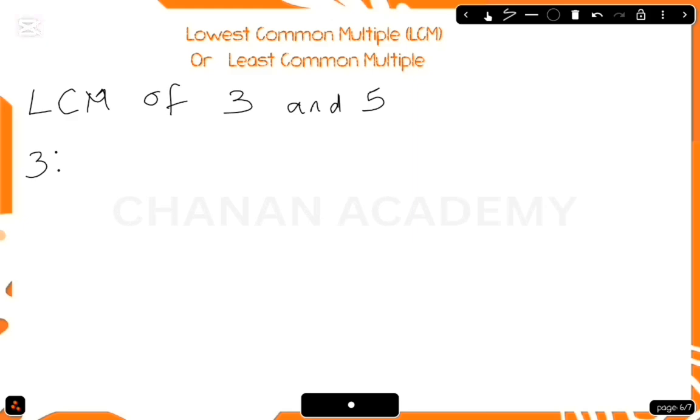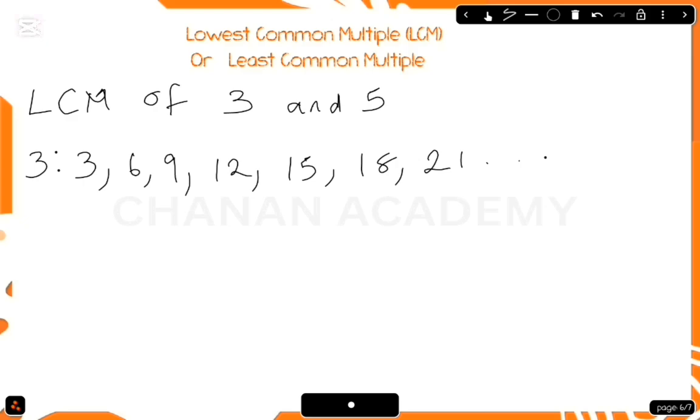The multiples of 3 are 3, 6, 9, 12, 15, 18, 21, and so on.